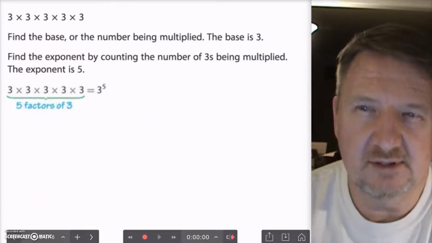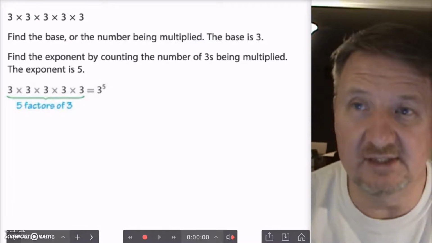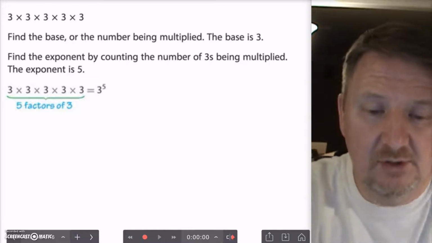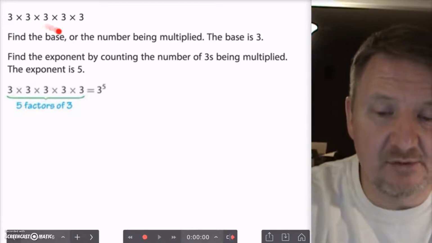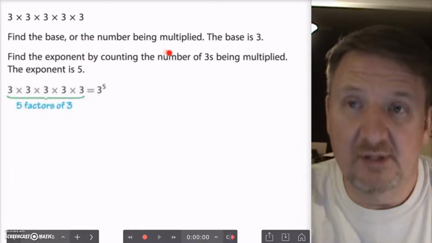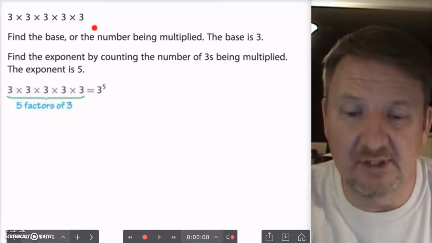Let's look at a couple examples on how to write them, and how to take a written example and turn it into a power or an exponent. It says 3 times 3 times 3 times 3 times 3. Find the base, or the number being multiplied. The base in this case is going to be 3 because all these numbers are 3.